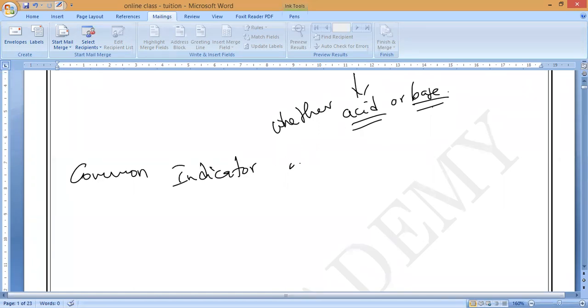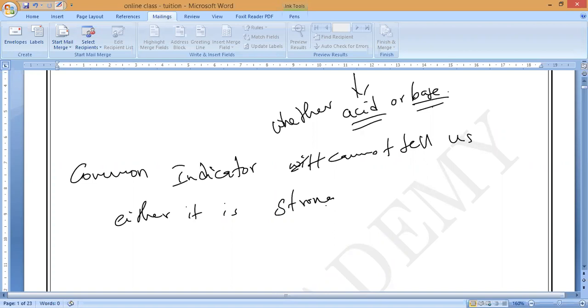They cannot tell us whether the given substance is a strong or weak acid or base. Do you understand, all of you? Yes or no? Please respond to me.